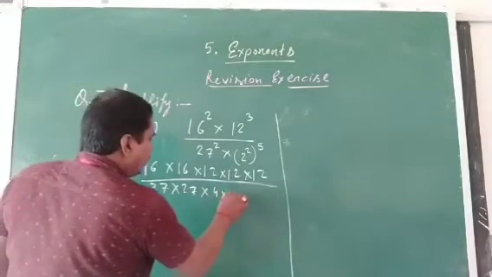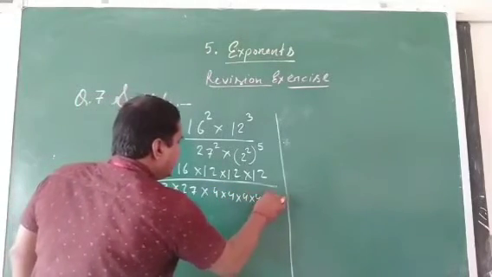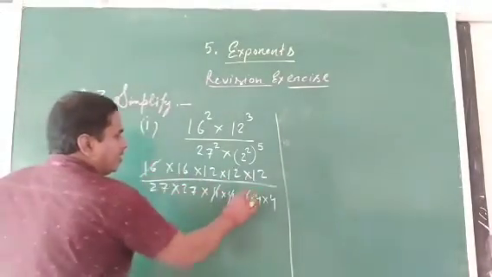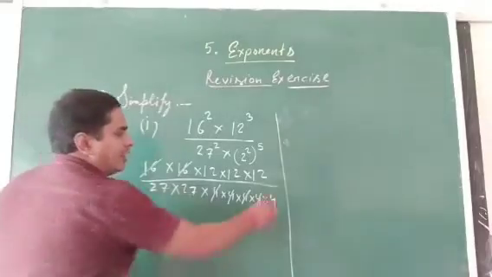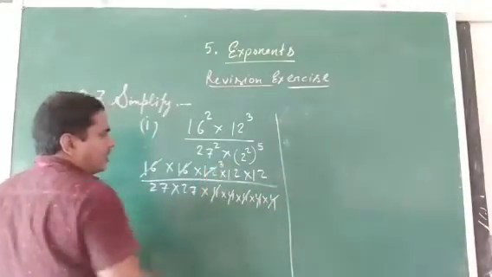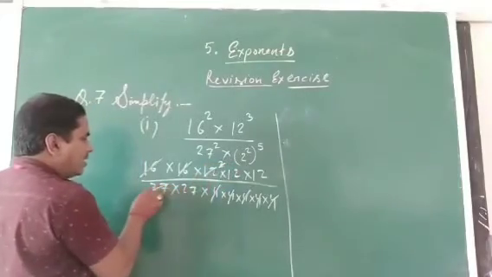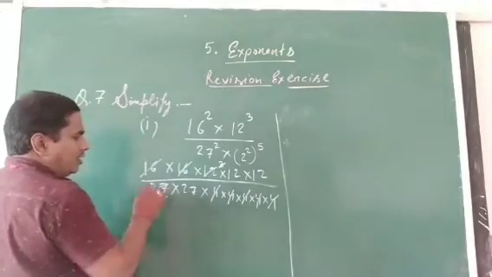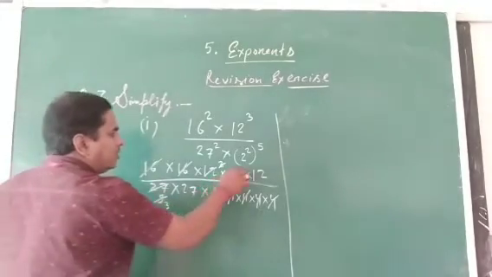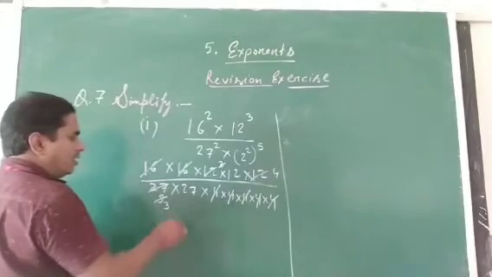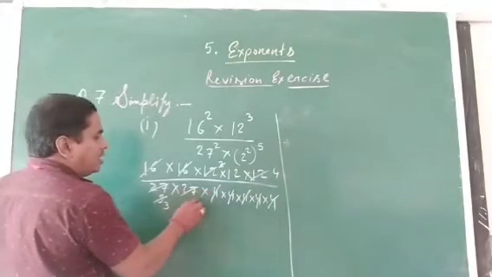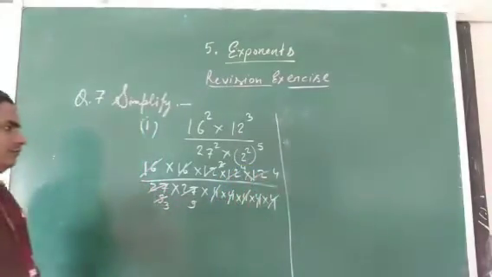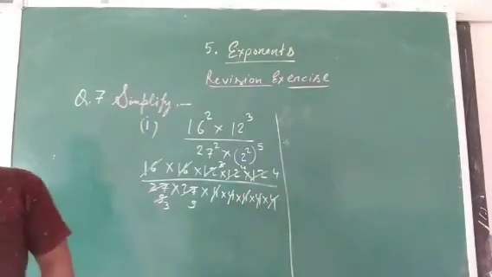So 4 into 4 into 4 into 4 into 4, 5 times. 4 fours are 16, 4 threes are 12, 3 nines are 27, 3 fours are 12.